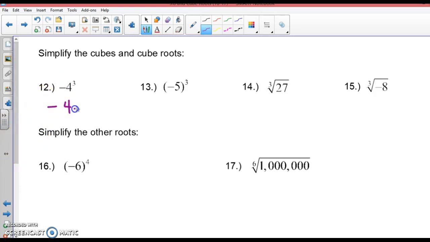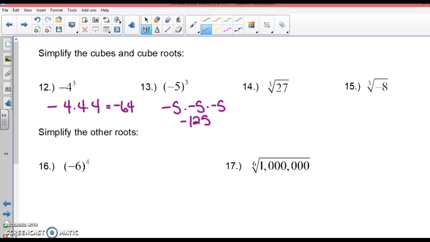If I was writing this in expanded form, it would be negative 4 times 4 times 4, which is negative 64. Negative 5 cubed written like this is negative 5 times negative 5 times negative 5, which is negative 125. But they arrive at those two completely different ways.